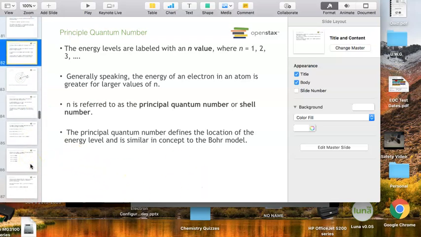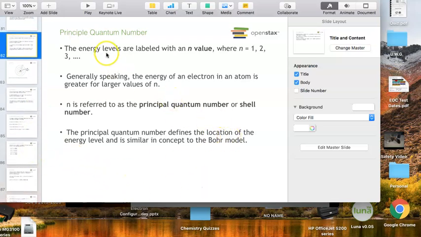So we know the energy levels are referred to as quantum numbers. The energy levels are labeled with an n value of n equal to 1, 2, 3, etc. Generally speaking, the energy of an electron in an atom is greater for larger values of n.